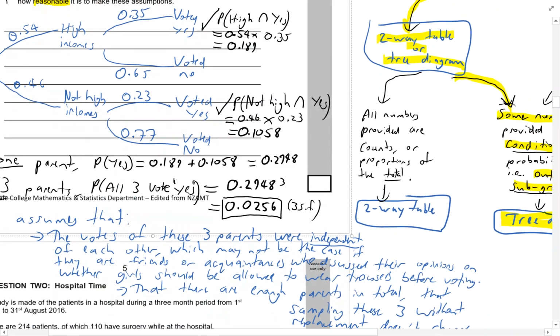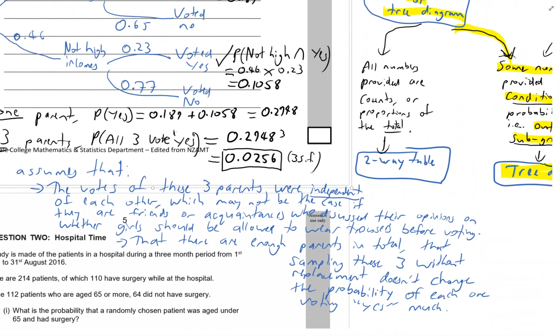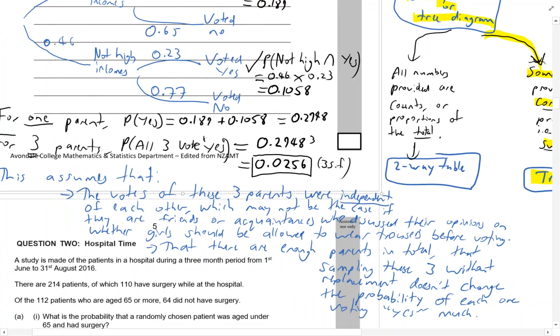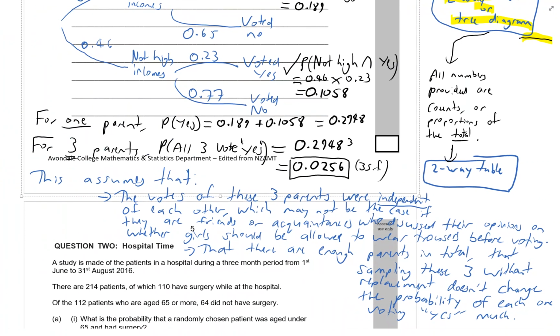The second assumption, which not many people think of, is that we're assuming that there are enough parents in total that the sampling of these three without replacement doesn't change the probability of each one voting yes by much. What does that mean? Well, here's an example. Say there were only 10 parents, so a very small sample, and then say the probability that they voted yes was 3 out of 10.